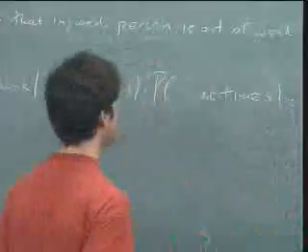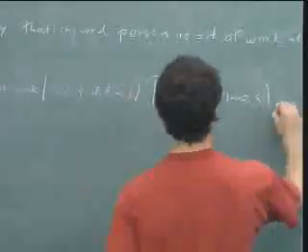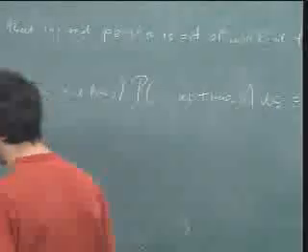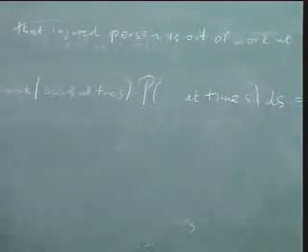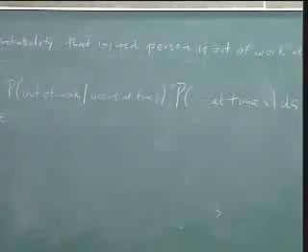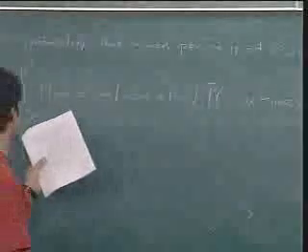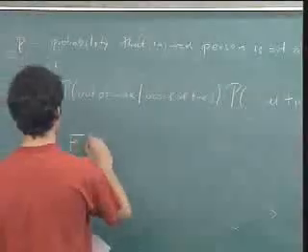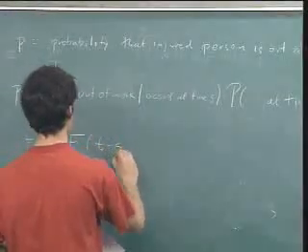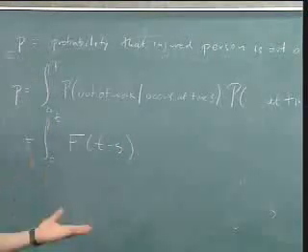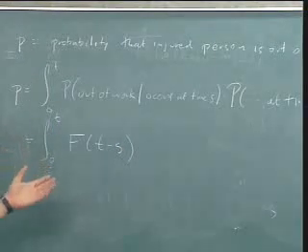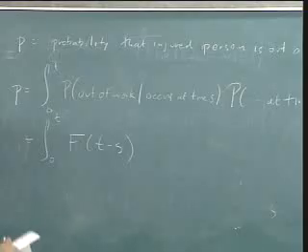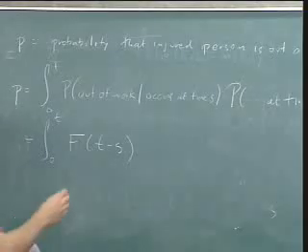Sorry, I'm going a little fast, but we're running out of time. So this probability is of course F of t minus s, right? Because he got injured at time s and he was still out of work, or I guess it's F bar.